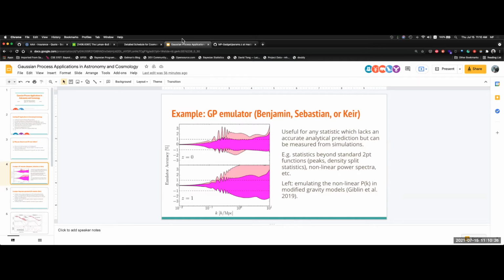What's being shown here is how accurately we could emulate those power spectra at different redshifts as a function of wave number, and these are very non-linear scales. This was just one application that I thought I could highlight, but I'm really interested to hear about what other people use Gaussian processes for as well.